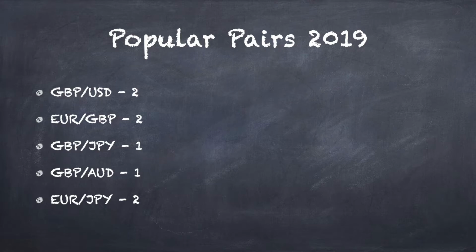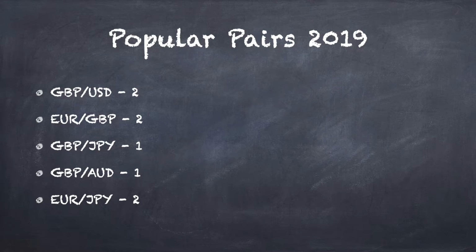Now, if we break down what this looks like when we look at almost every single pair that's out there, here would be the schedule that you would look for. Because obviously, seeing 2 times a year on pound USD is not going to give you the pips that you need. So it basically opens you up to more pairs.